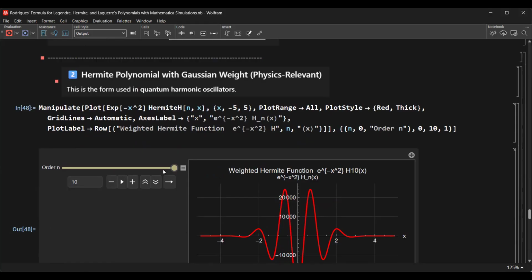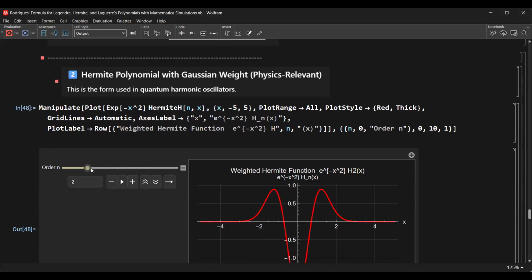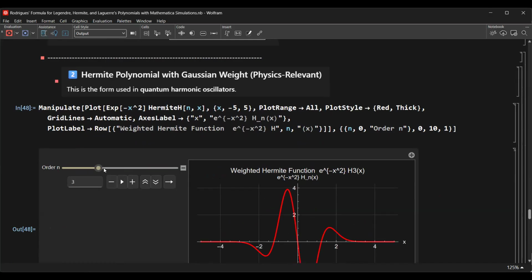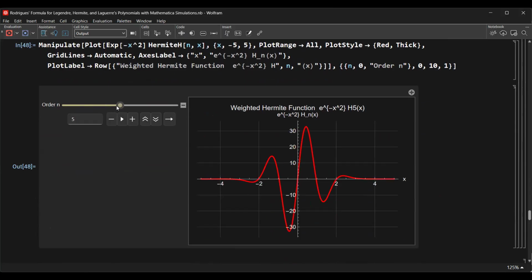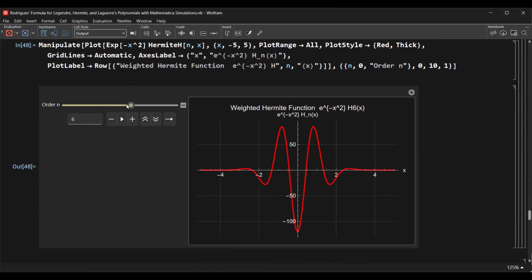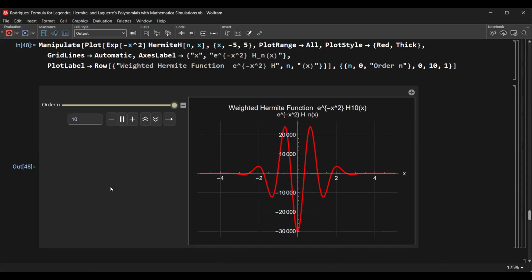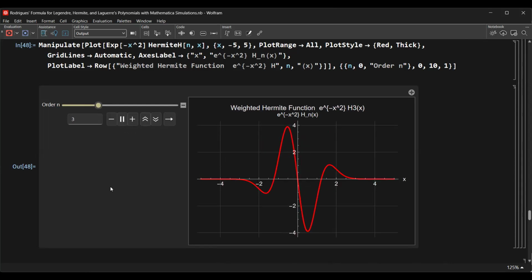So we have the product here. For example, n equal to 2, 1, and n equal to 4. So we have the corresponding plot here. If n equal to 5, n equal to 6. So we have the simulation from 0 to 10.